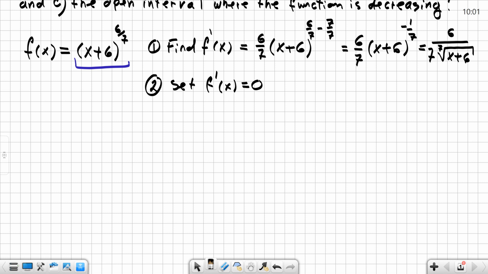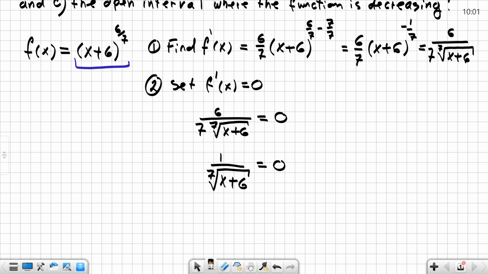That means we have 6 divided by 7 times the 7th root of x + 6 equal to 0. We can multiply by the reciprocal of 6/7, and we get something a little bit simpler looking: the 7th root of x + 6 is equal to 0.